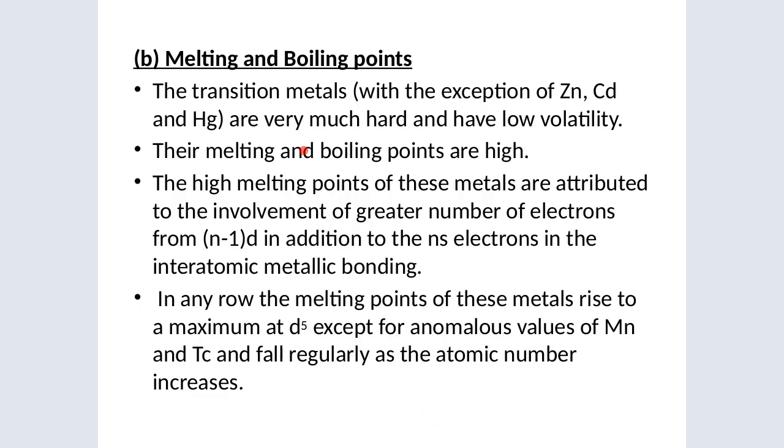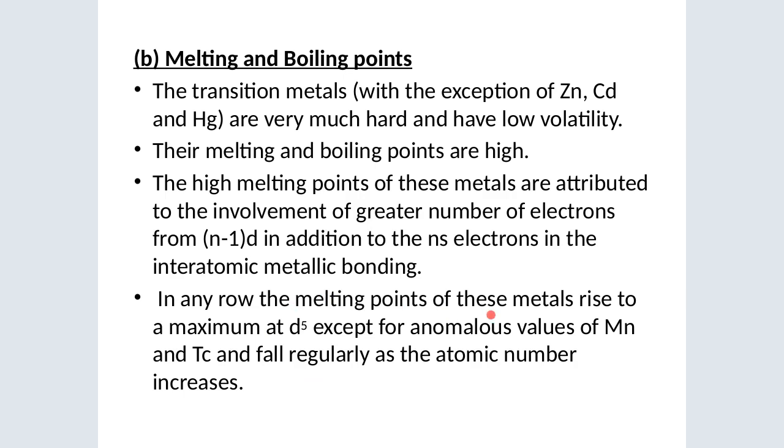just like I've seen in other crystalline structures. On the melting points, the transition metals are very hard and have low volatility. The melting and boiling points are generally high, and this is attributed to the fact that they have a number of electrons that take part in the metallic bonding, and these electrons are both the ns and the (n-1)d electrons, because those two orbitals are very close and there are a number of electrons that occupy them.